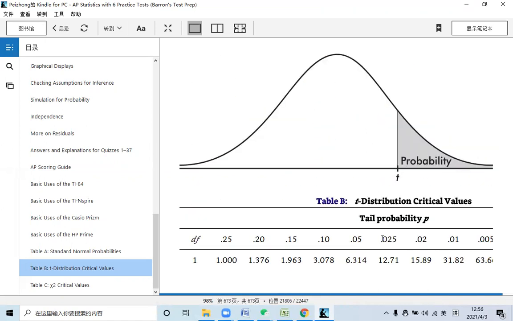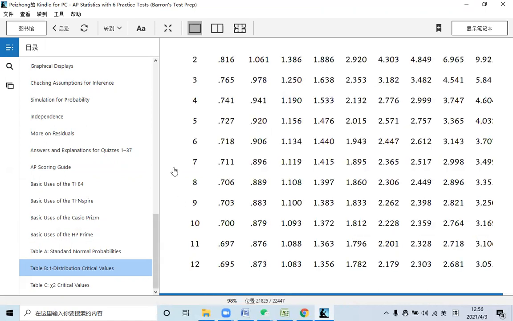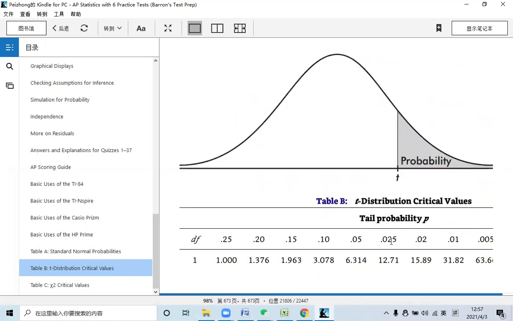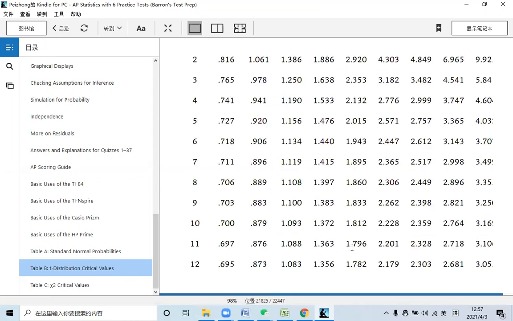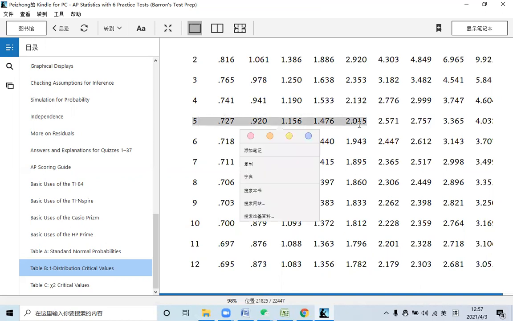What is the degree of freedom? We look at the degrees of freedom. Degree of freedom is 5. Here you have degrees of freedom 1, 2, 3, 4, 5. It's this row, this column: 2.015.